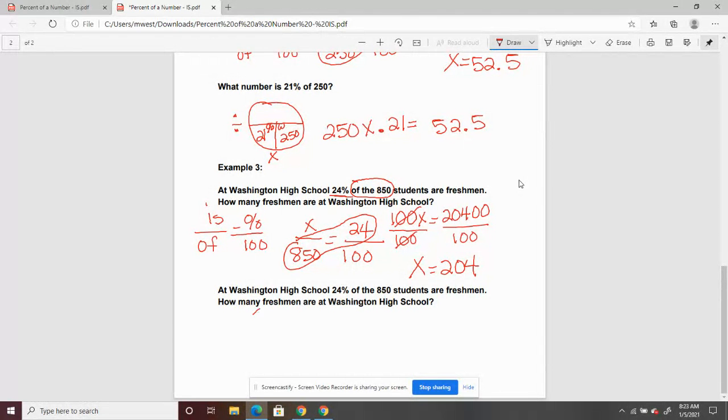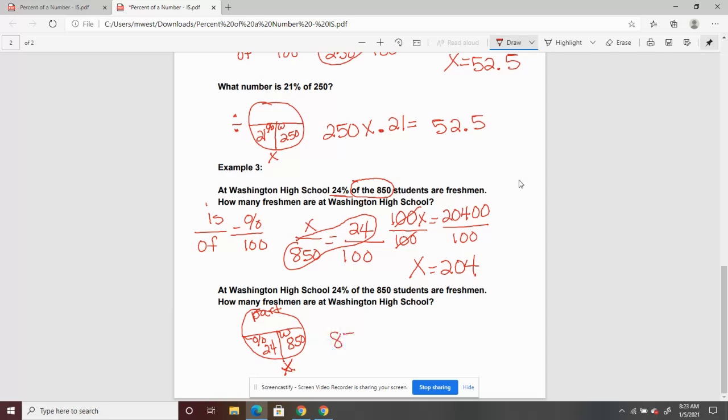And then down at the bottom, in the alternative method that I gave you, you've got the percent, the whole, and the part. So you've got 24%, and the whole is 850. This line means to multiply.